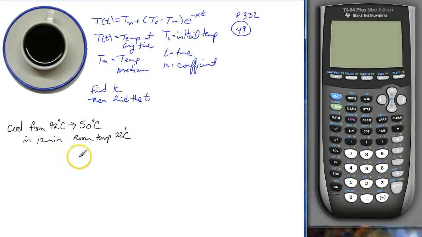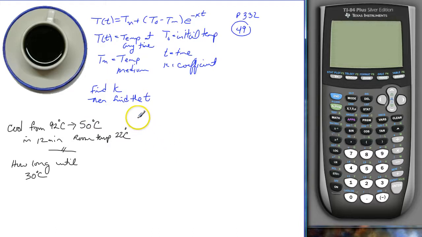And so that's the initial. So that's the first part. We're going to use this to find k. Then the second part is this: how long until the coffee is 30 degrees? So we'll do this in two parts.